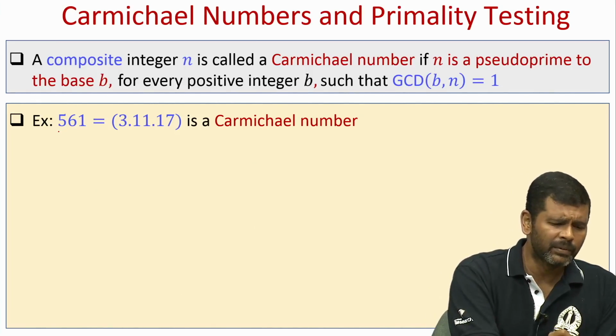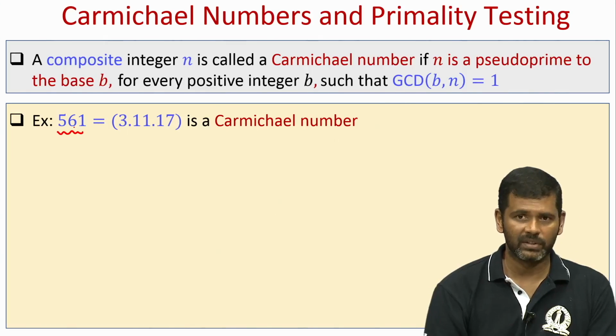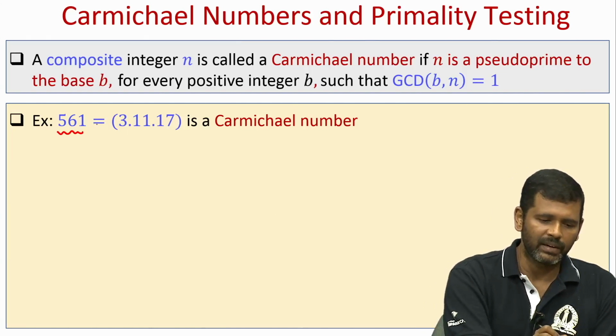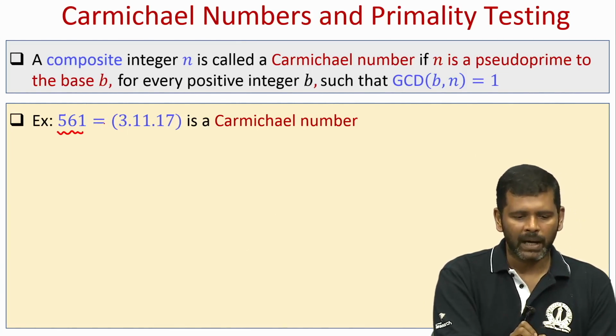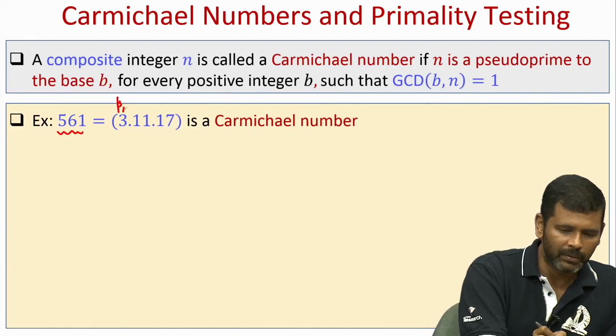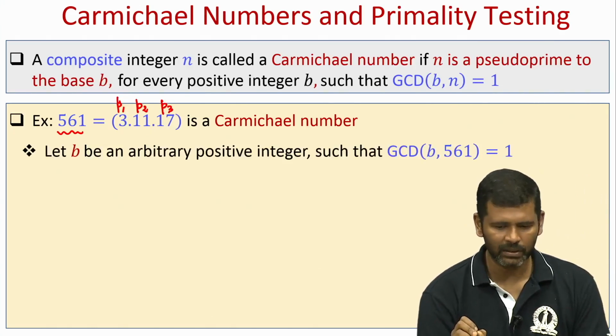So, let me give you an example of a Carmichael number. My claim is that 561 is a Carmichael number. You can see that 561 is not a prime number, because I have written down its prime power factorization, namely you have 3 factors p1, p2 and p3 for the value n equal to 561.